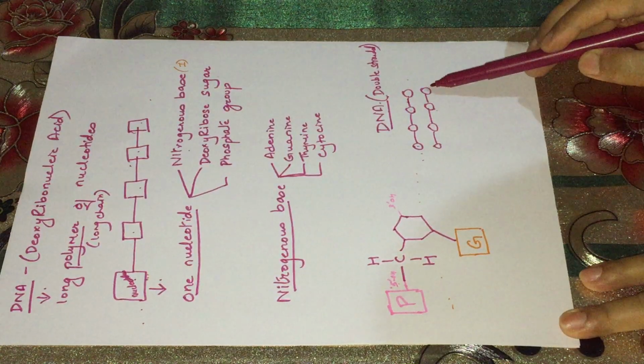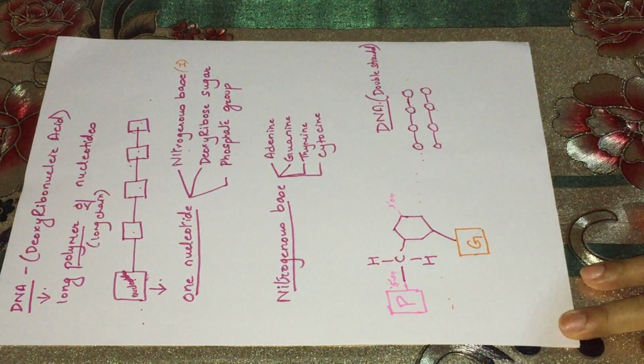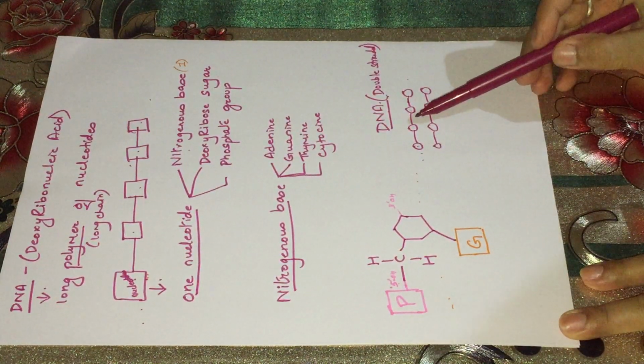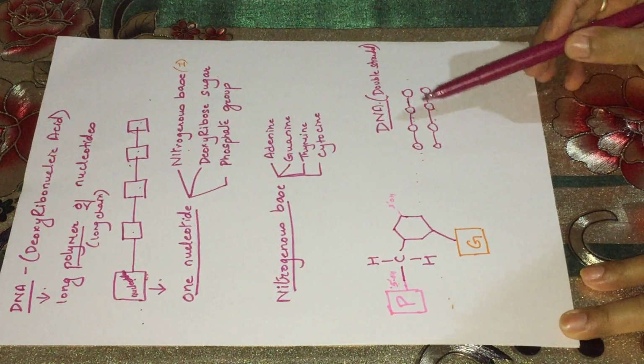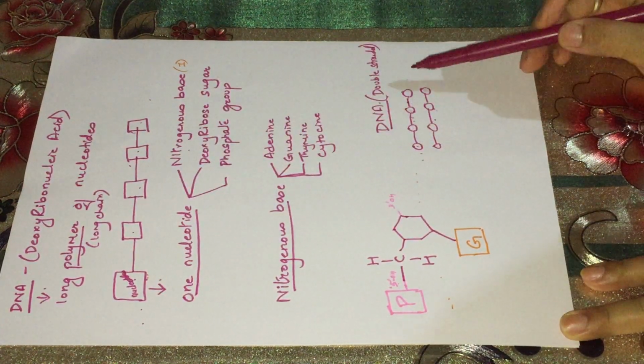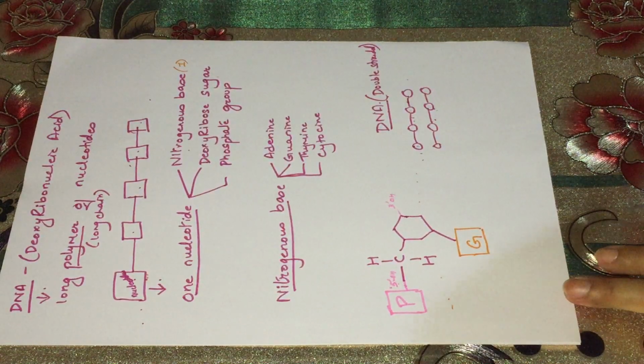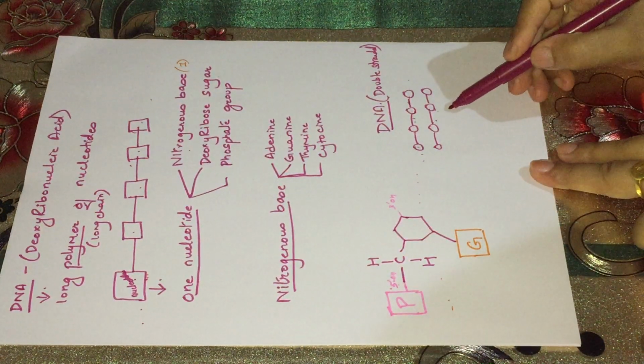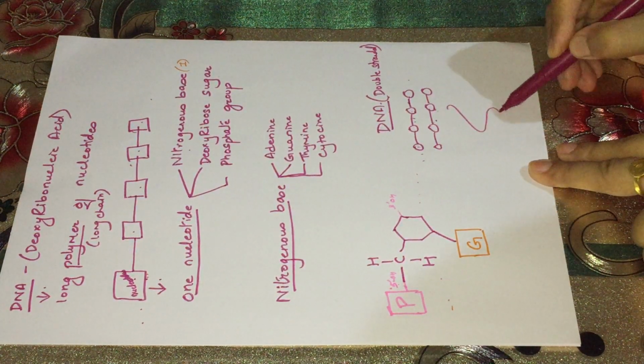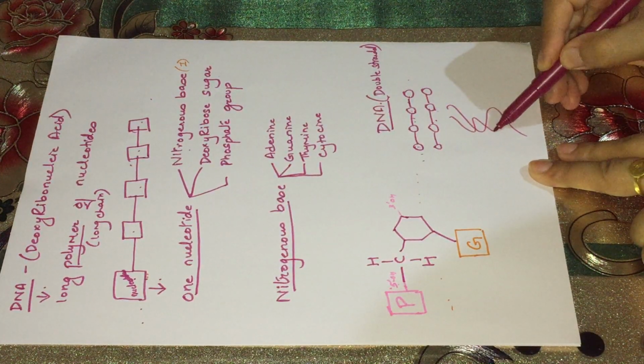These chains are not straight. I have drawn it like this just to make you understand, but these two polynucleotide chains are a helically coiled structure.